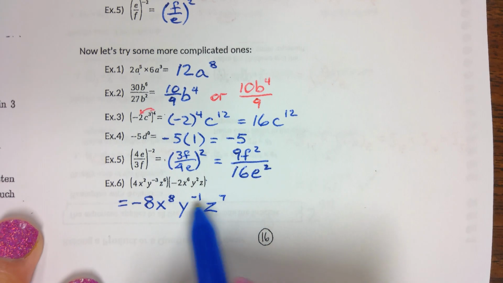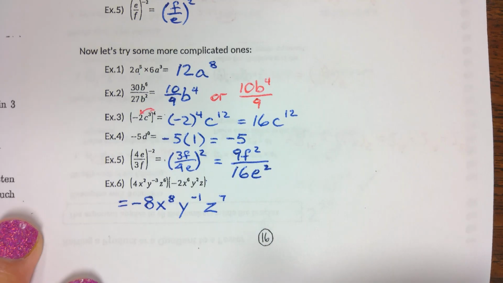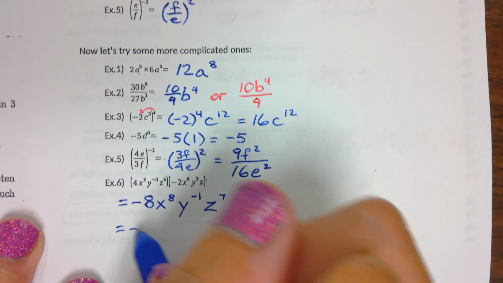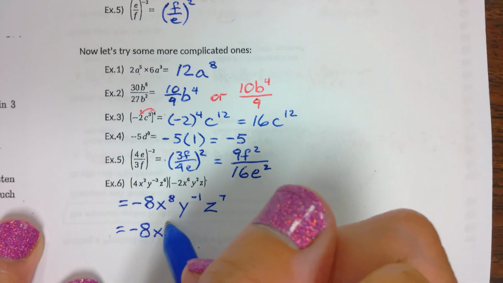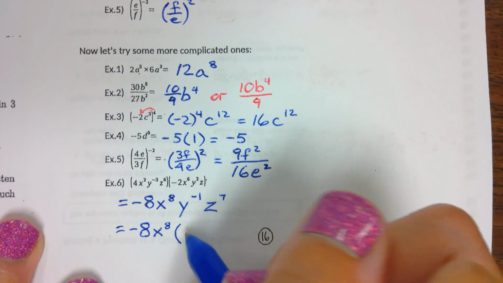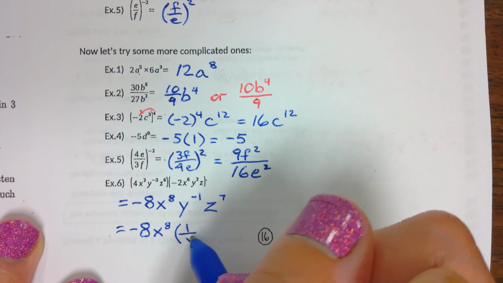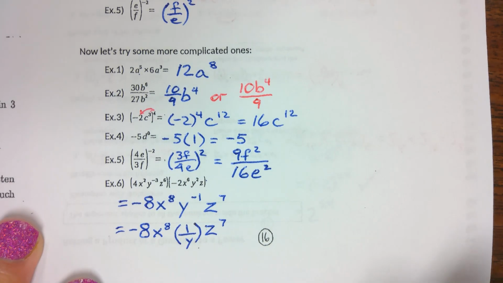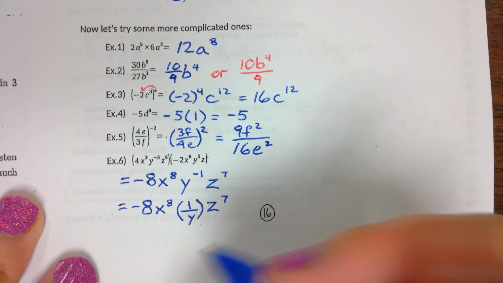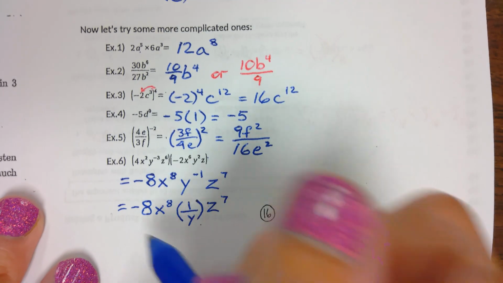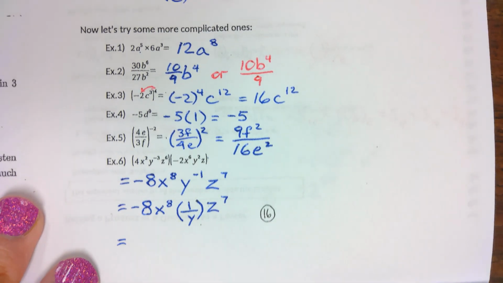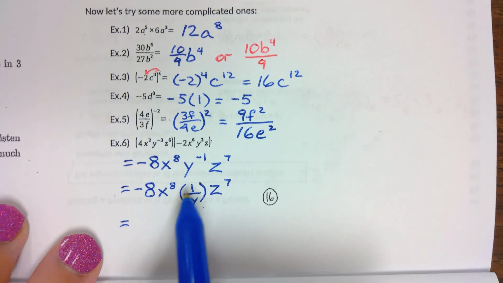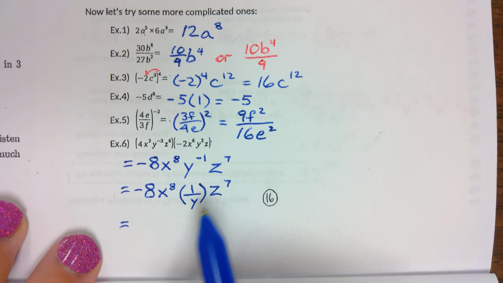But this negative 1, all right, remember it means to flip the base. So technically, if you rewrite this, it's 1 over y to the exponent 1. All right. And if I want to rewrite this much neater, much nicer, Jason, how would I rewrite this in a much nicer form?